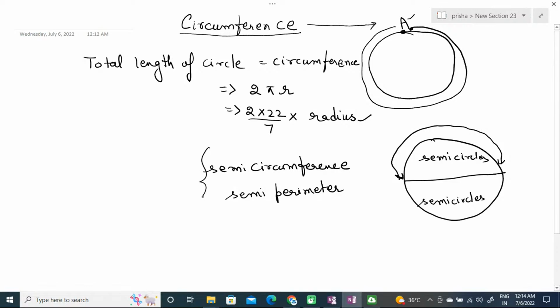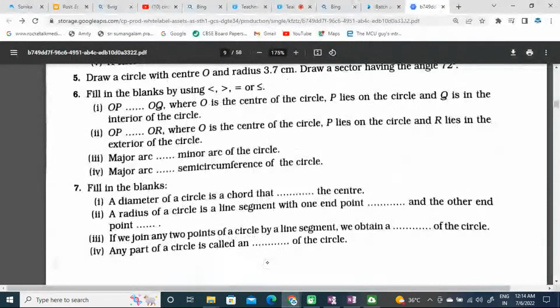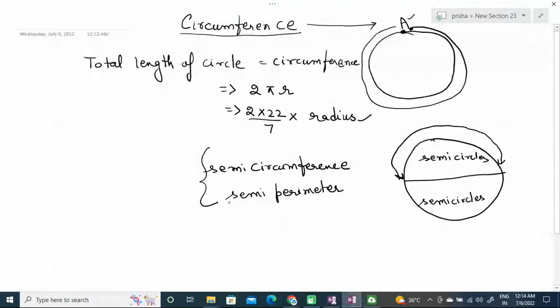Understood? Clear? So major arc is greater than semi-circumference. In the last option, major arc is greater than semi-circumference.